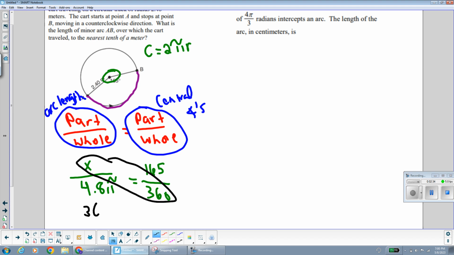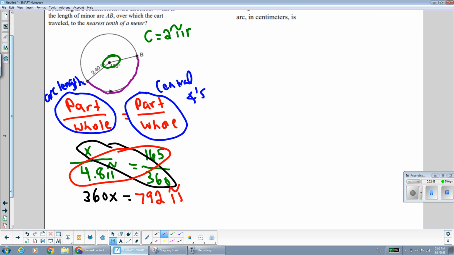All we need to do is cross multiply. Let's multiply the other way: 4.8 times 165. That's 792 pi. Now using my calculator, I'm just going to divide both sides by 360. I'm going to use my graphing calculator, get my fraction button, and type in 792 divided by 360.